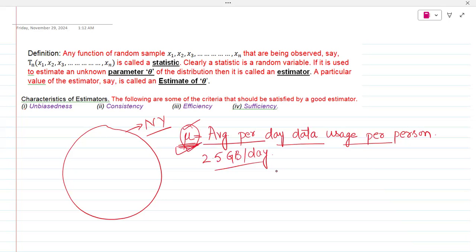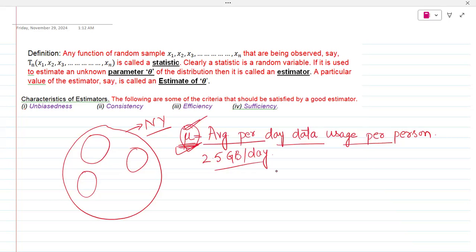Then why would I take these samples? Obviously, I will take samples throughout the different parts of New York City only if this mu, the parameter, is unknown.